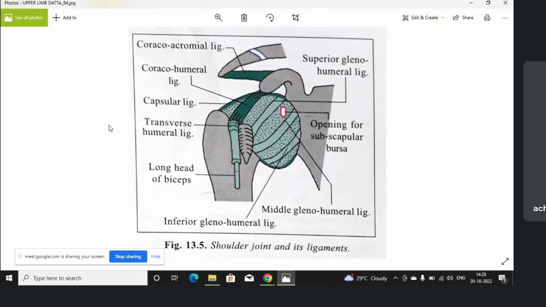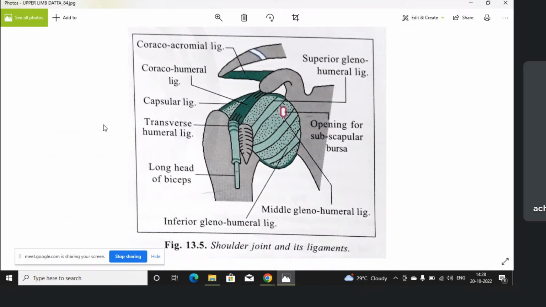So the first ligament, the subheading, is the capsular ligament. The capsular ligament envelops the complete joint.